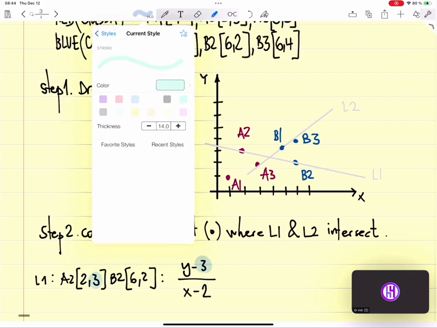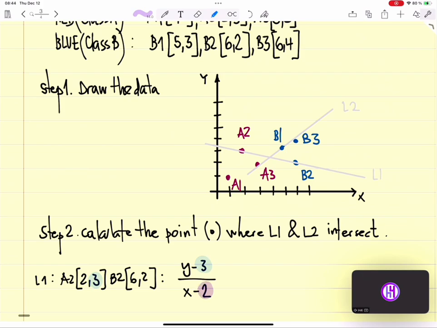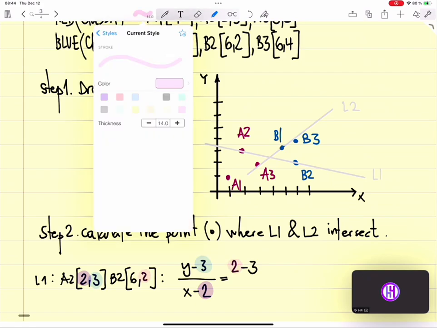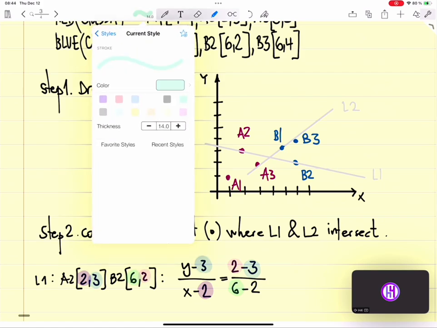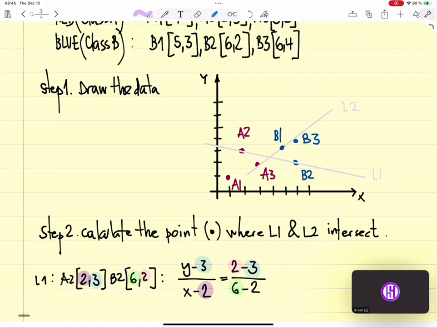And this 2 is not these two, not that one, is this one, okay, equals 2 minus 3, where this 2 now is this, and the 3 is the 3 we had, divided by 6 minus 2, the lilac one.